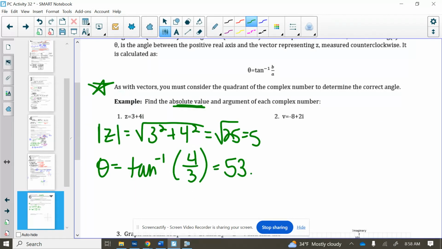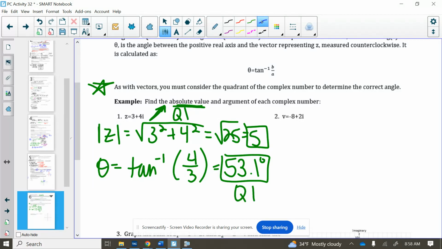Now, if you think about this graph, if you're going to the right 3 and up 4, you are pointing towards essentially quadrant 1. So 53.1 does make sense as our argument because that is a quadrant 1 value, so we're good to go.